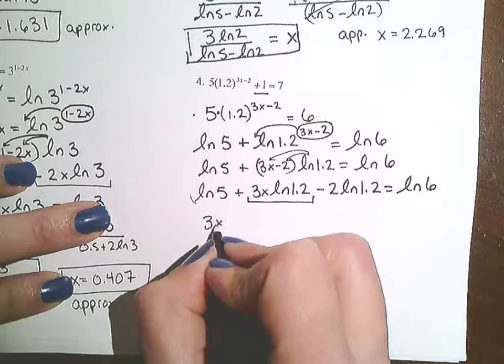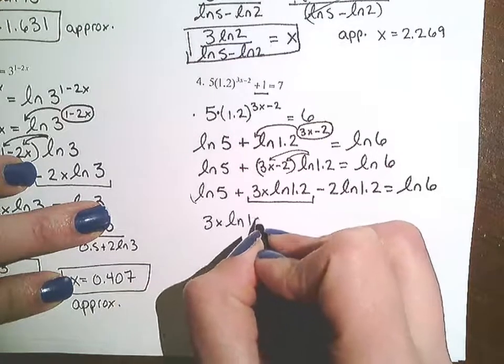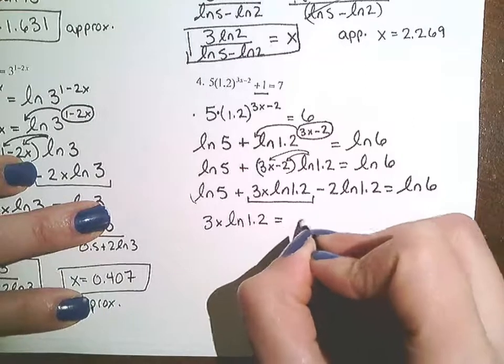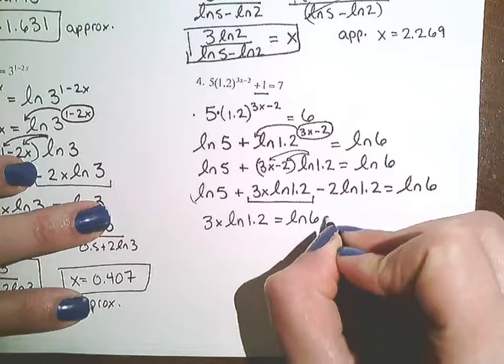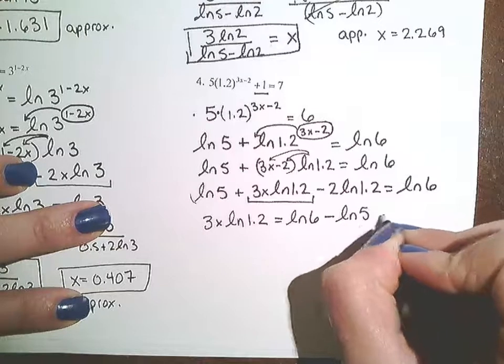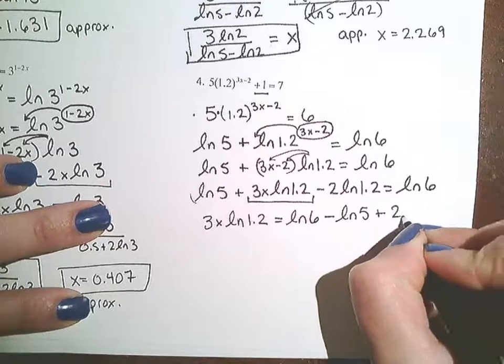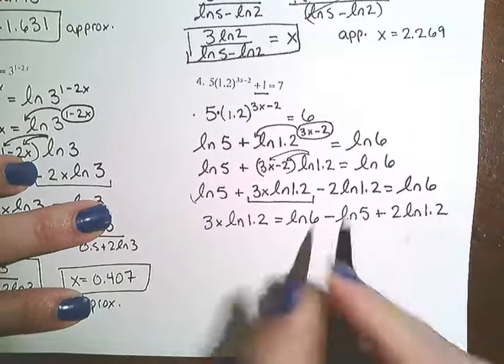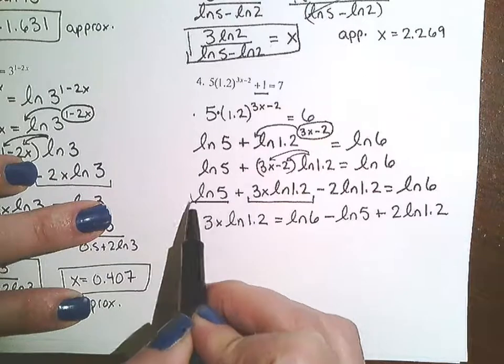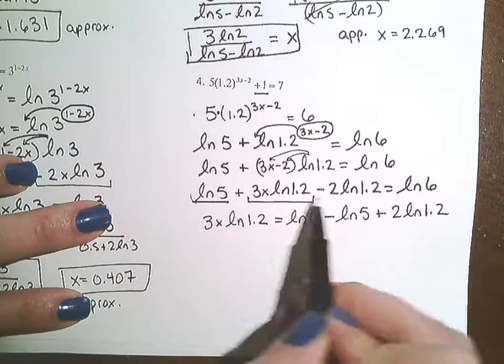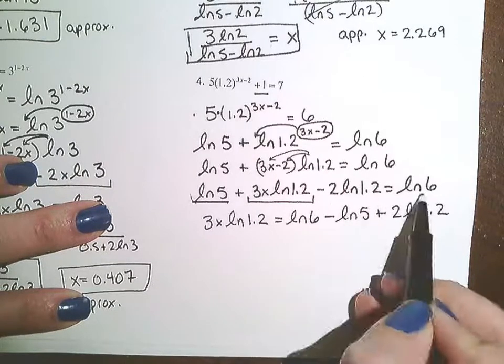So this becomes 3x ln of 1.2 equals ln of 6 minus ln of 5 plus 2 ln of 1.2. All I did was I moved this over by subtracting because it's positive, and I moved this guy over by adding.